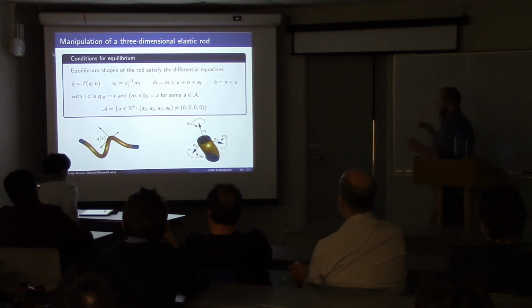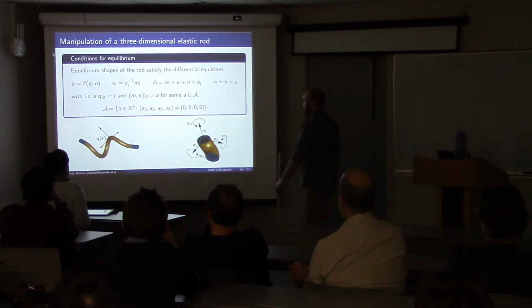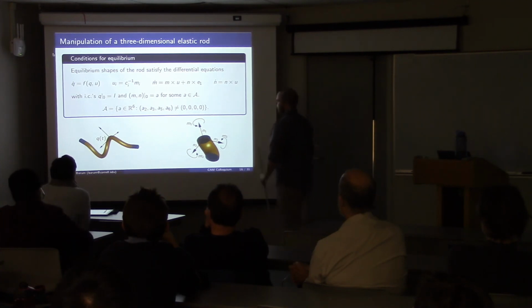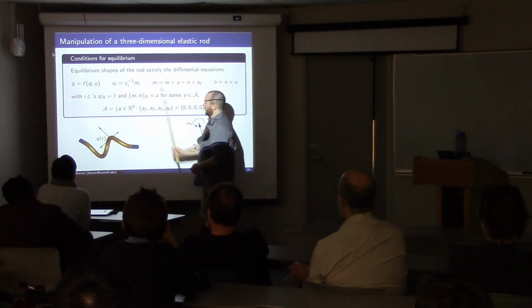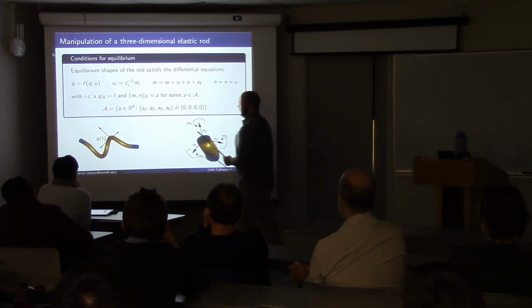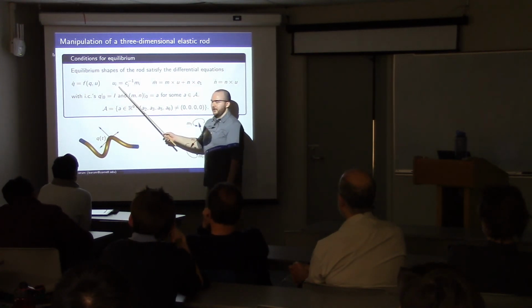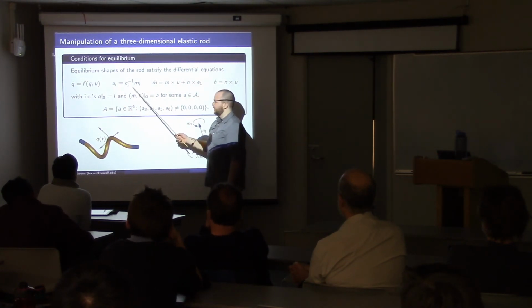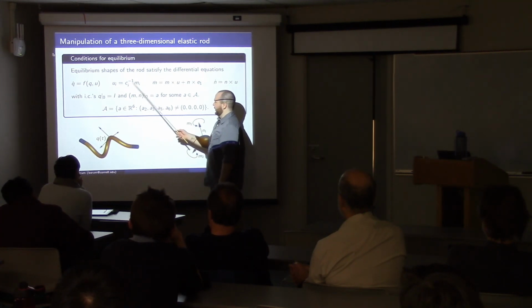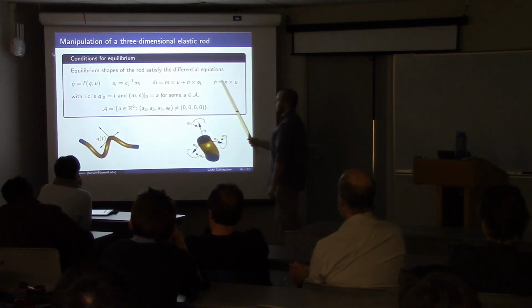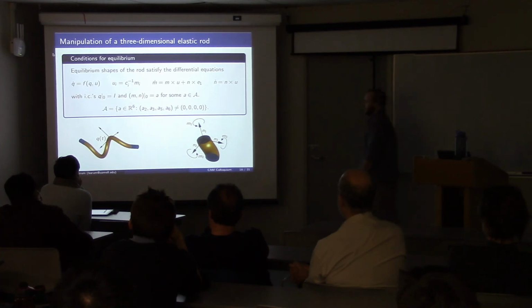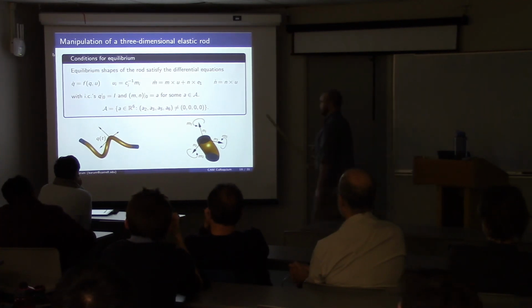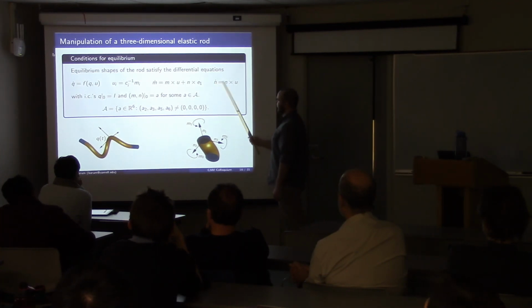In a similar way to the planar rod, we can derive equilibrium equations. We have our kinematic constraints. We have constitutive equations that relate the bending and twisting strains to the moments with some stiffness parameters. And then we have a balance of moments and forces. Again, these are just equilibrium equations that come from balancing moments and forces.